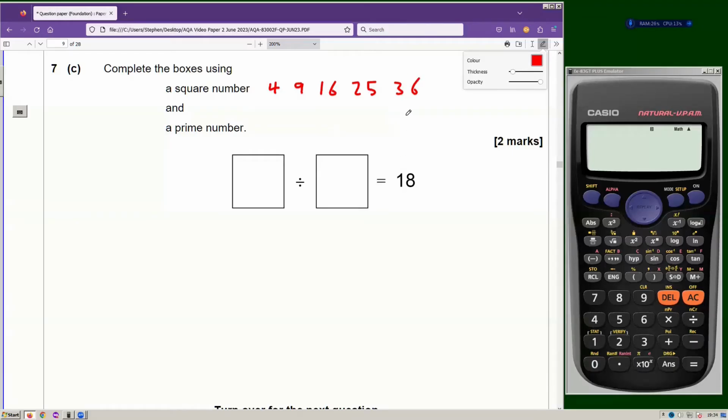If I divide it by 2, 36 divided by 2, because 2 is a prime number. Only even one, although that might not be significant, but that works.